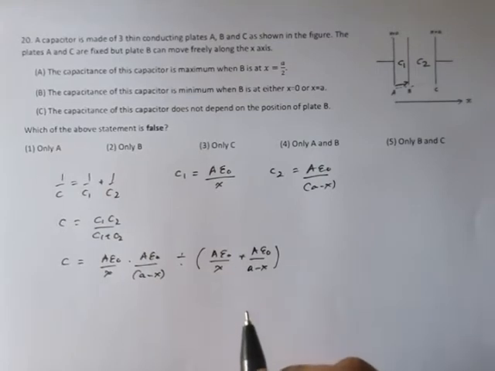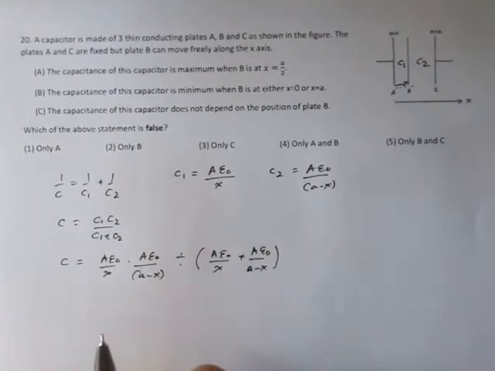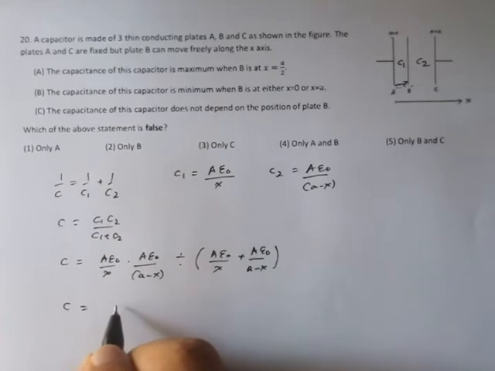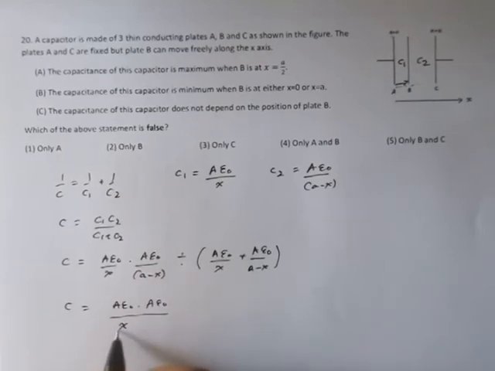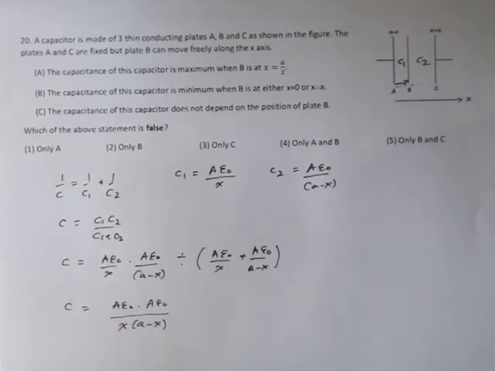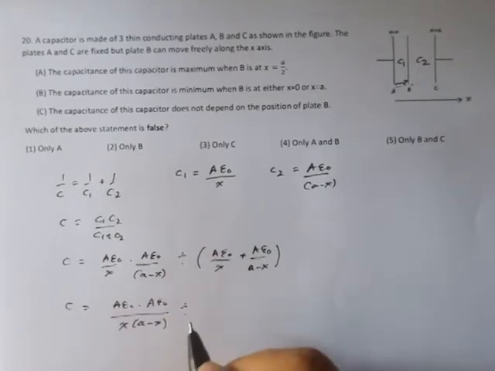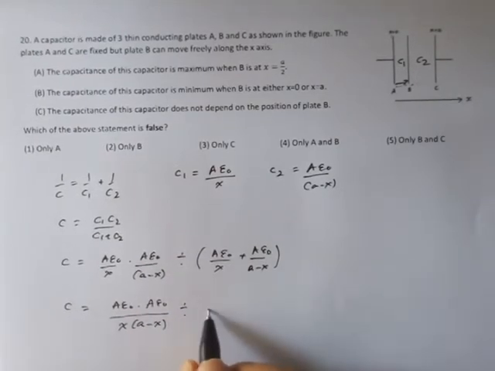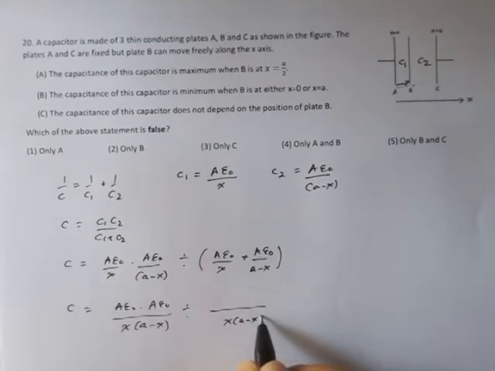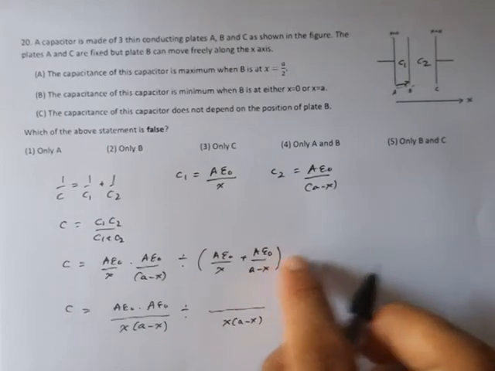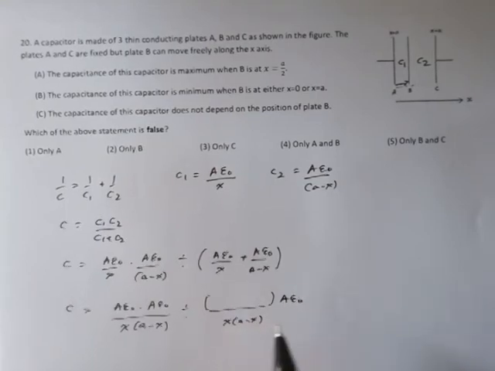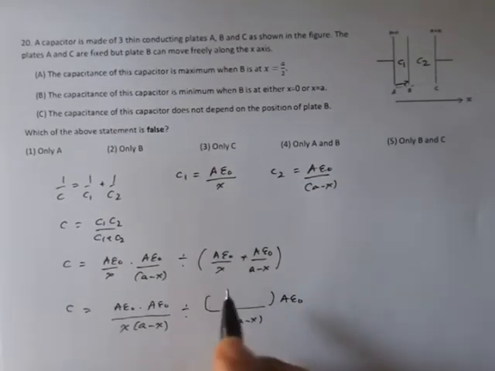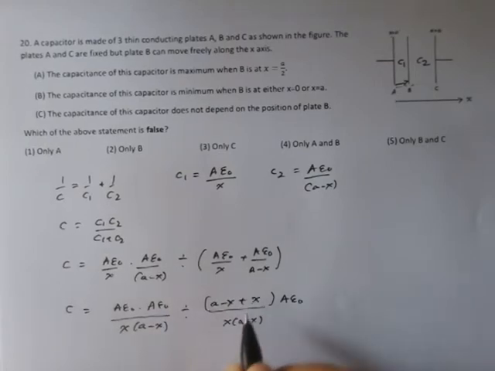We simplify this, so C is equal to A epsilon naught times A epsilon naught over x times a minus x, divided by, taking the common denominator x times a minus x, and taking A epsilon naught out because it is common, a minus x plus x.